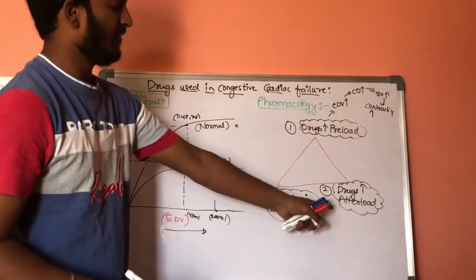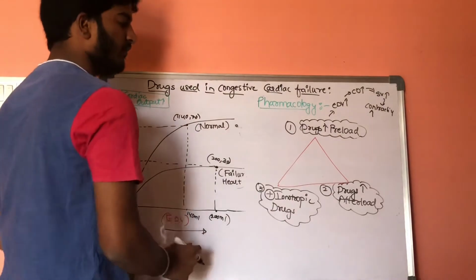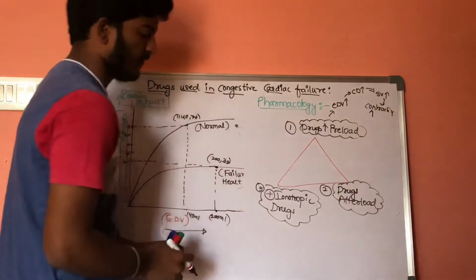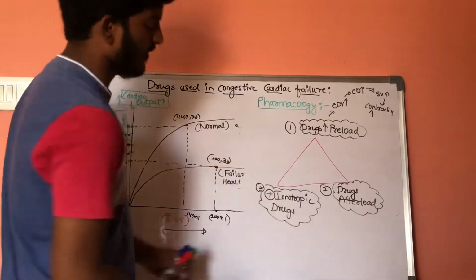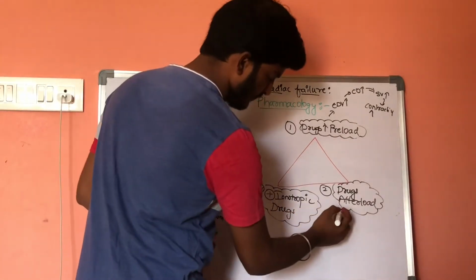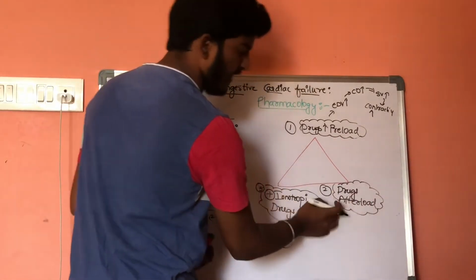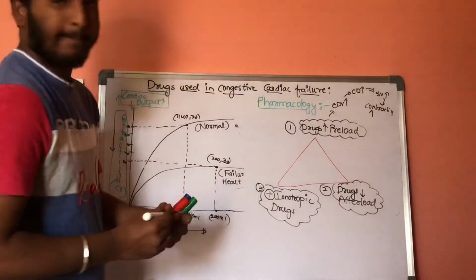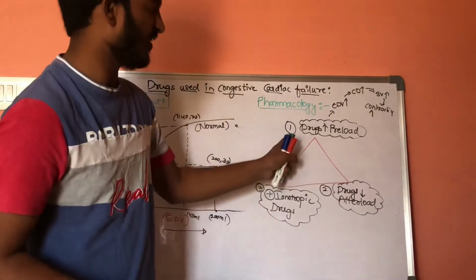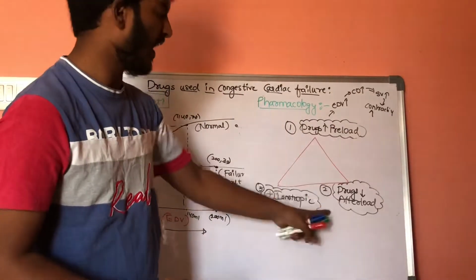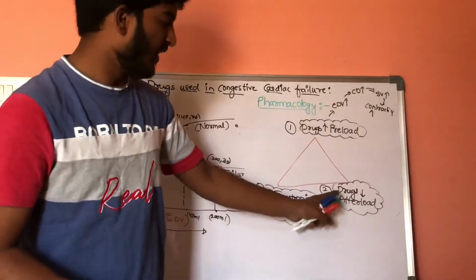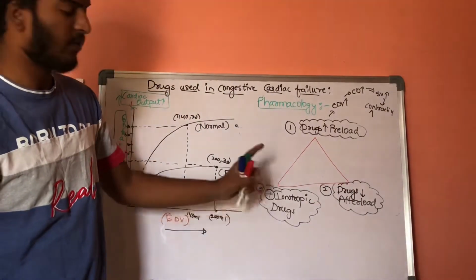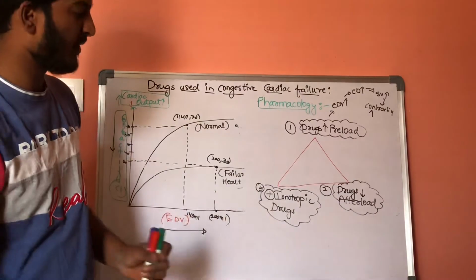Next, the drugs which decrease the afterload, and the third class of drugs are inotropic drugs.